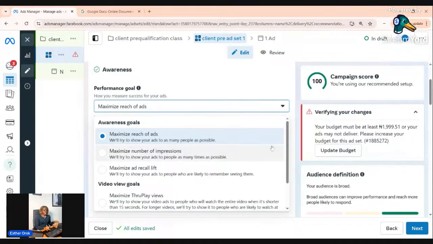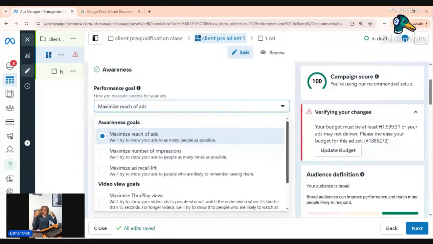The second is maximize the number of impressions. I always explain to my students, in my free class that I do all the time, that the difference between reach and impression is, reach is as many independent individuals as possible. Impressions is as many times as possible to a particular set of people.